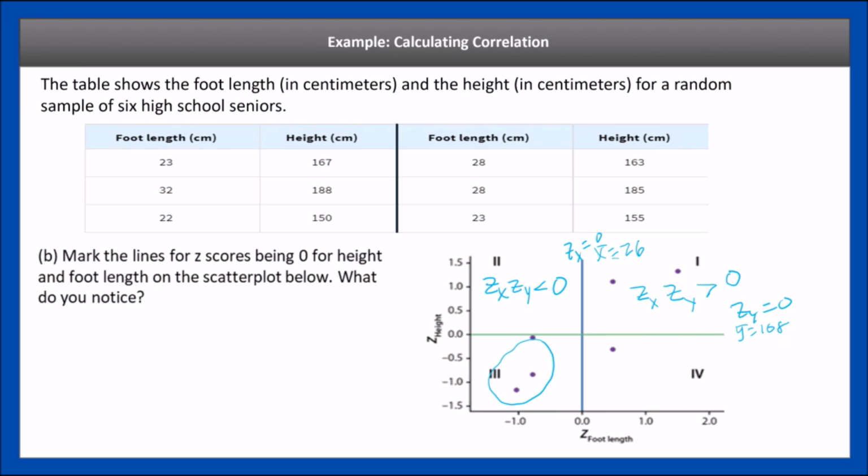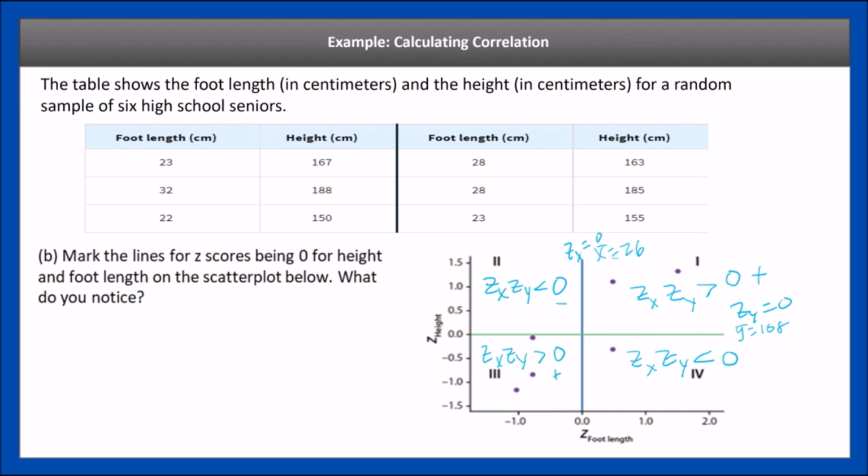That's telling you that any points in here will contribute to a negative correlation. Then if you go to quadrant 3, where a lot of points are, we notice that the zx is negative, but the zy is also negative. So zx times zy, a negative times a negative, is a positive. So let me put positive here. This is negative, this is positive. Therefore, points in quadrant 3 will contribute to a positive correlation. And then lastly, we got quadrant 4, where zx is positive, but zy is negative.